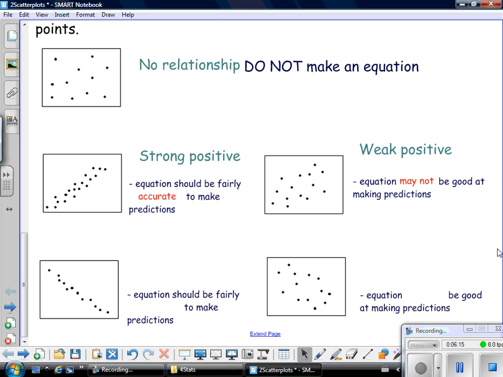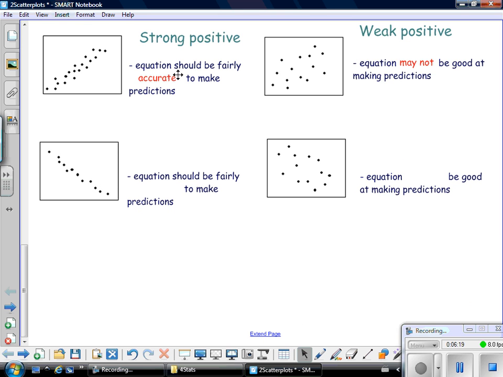Then if I look at the bottom two, again, you can see that they're going down. And so I would say, for instance, this one is a strong negative. Again, the points are close together and it's decreasing, so it tells me it's negative.